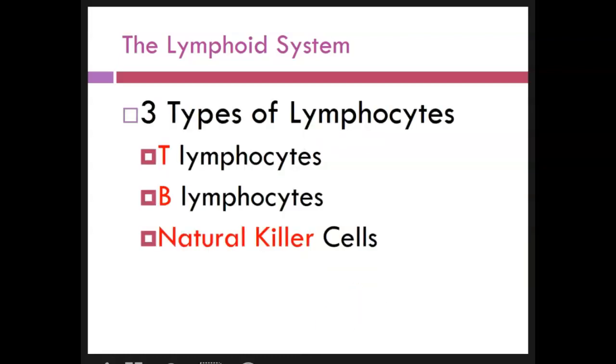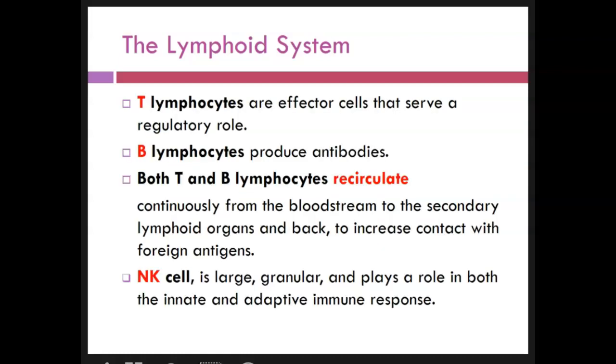There are 3 types of lymphocytes. This should be a review from the first lecture or so. T lymphs, B lymphs, and natural killer cells. And you will hear me say B cells, T cells, natural killer cells, lymphocyte. I'm talking about the same thing. T lymphocytes are effector cells that serve a regulatory role, while B lymphocytes mature into plasma cells and produce antibodies.